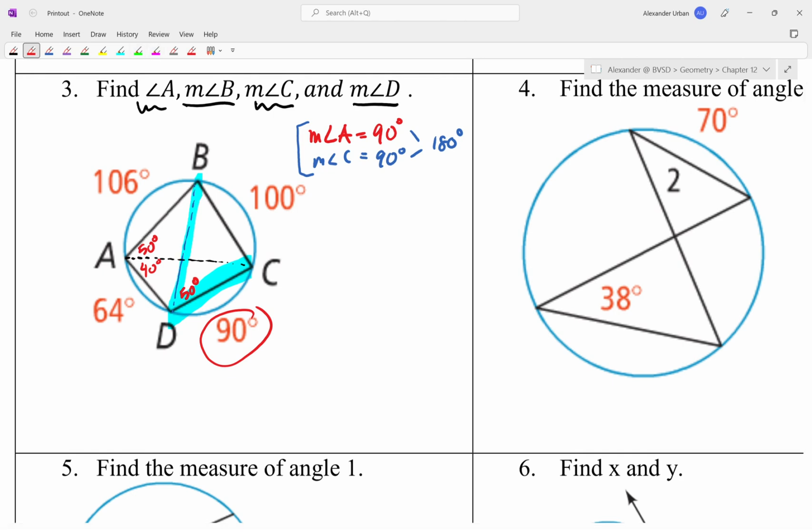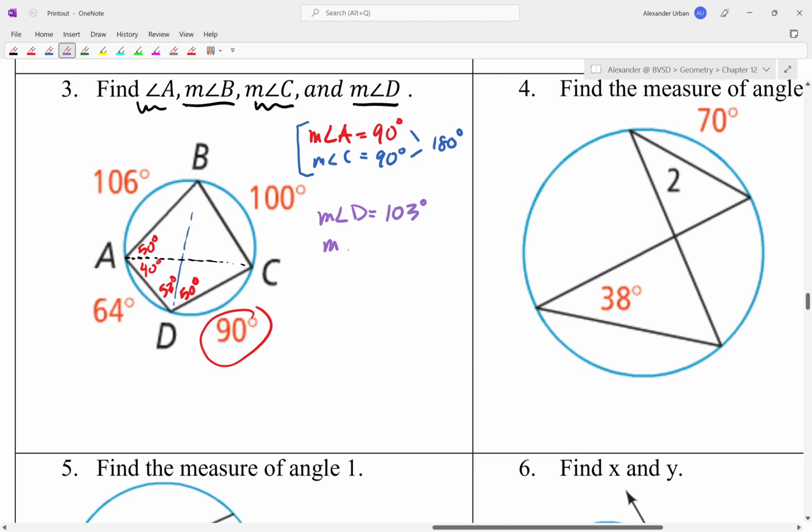If we're looking at the opposite end, BDA, BA, its arc length is 106. We're going to cut that in half. That's going to give us 53. So here's 53 degrees. So the measure of angle D has to be 53 plus 50, which is 103 degrees.